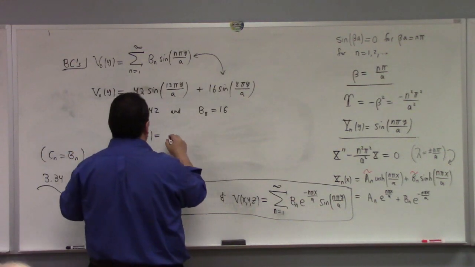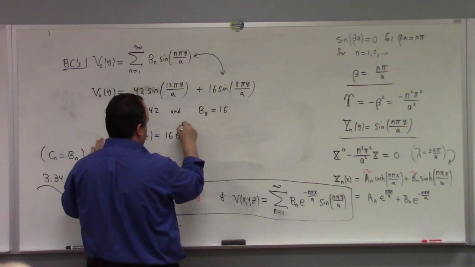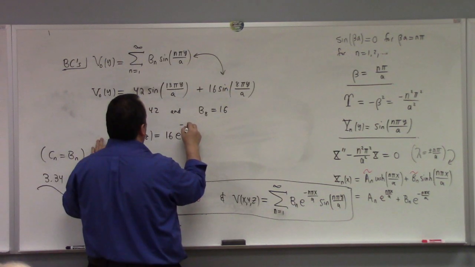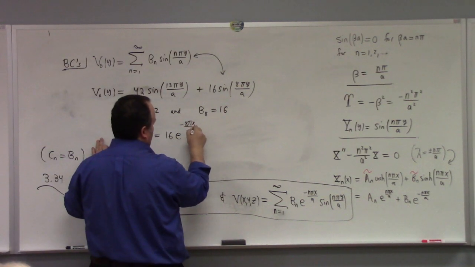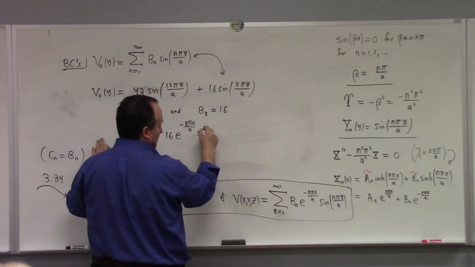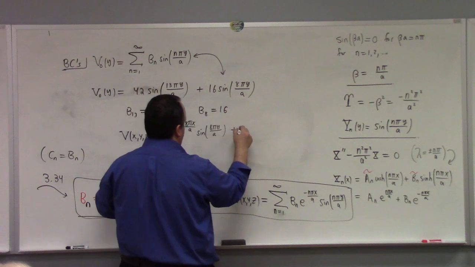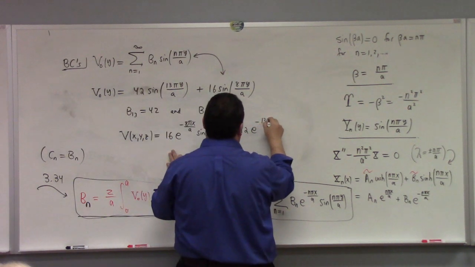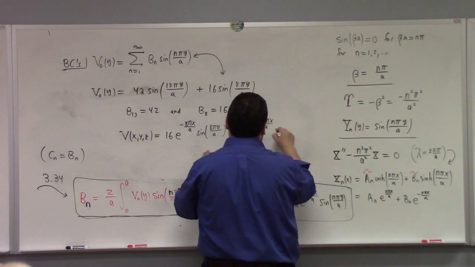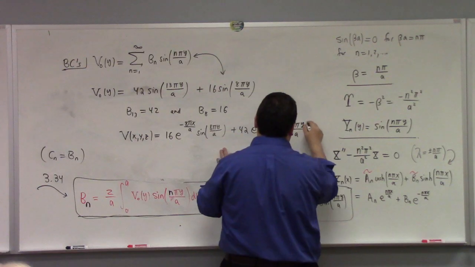That allows me to write my answer down as simply 16 e to the minus 8 pi x over a sine of 8 pi y over a, plus 42 e to the minus 13 pi x over a sine of 13 pi y over a.